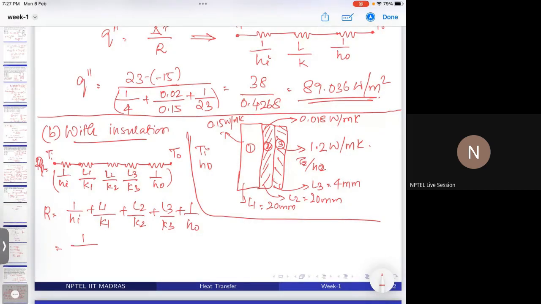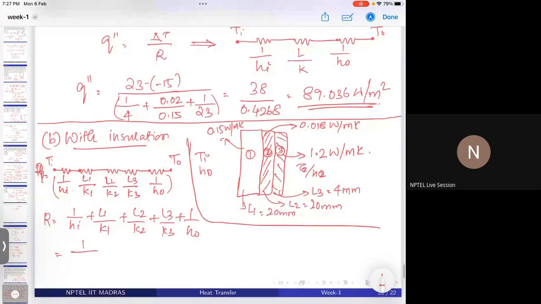So can anybody calculate and say what is this resistance? R is equal to 1 by Hi plus L1 by K1 plus L2 by K2 plus L3 by K3 plus 1 by Ho. That is 1 by 4 plus L1, 0.02, by K1, 0.15, plus L2, 0.02, divided by 0.018, plus 0.004 divided by 1.2, plus 1 by Ho, 23.